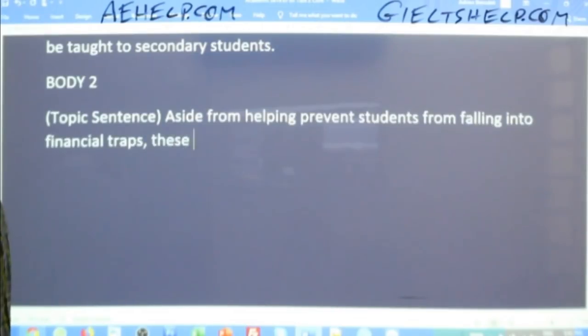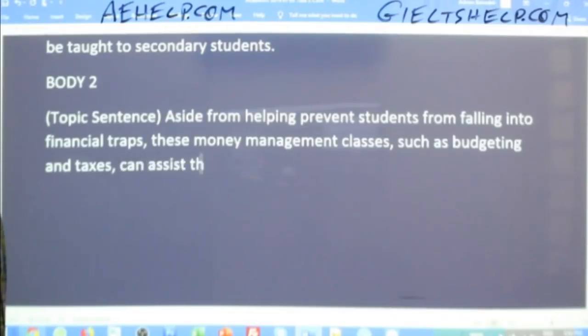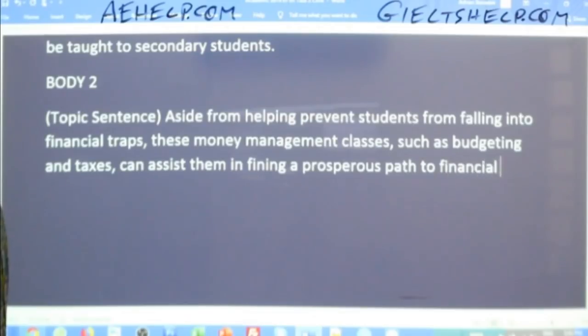These money management classes, such as budgeting and taxes, let's say, I'm going to change that up a little bit, can assist them in finding a prosperous path to financial freedom.